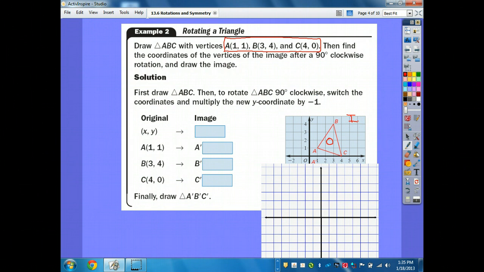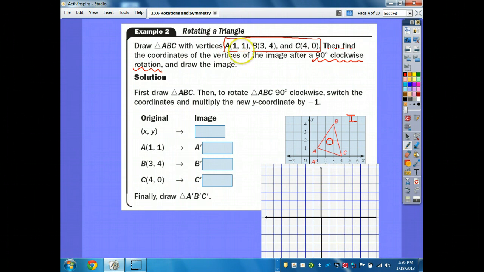All right, now let's see what they want us to do to the original. They say, find the coordinates of the vertices of the image after a 90-degree clockwise rotation. Sweet. I automatically see 90 degrees.